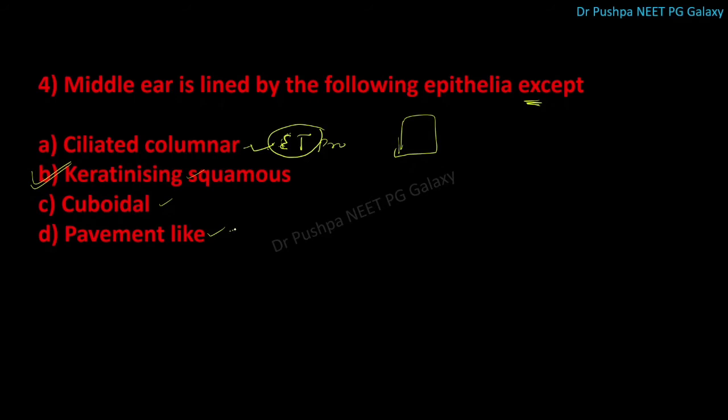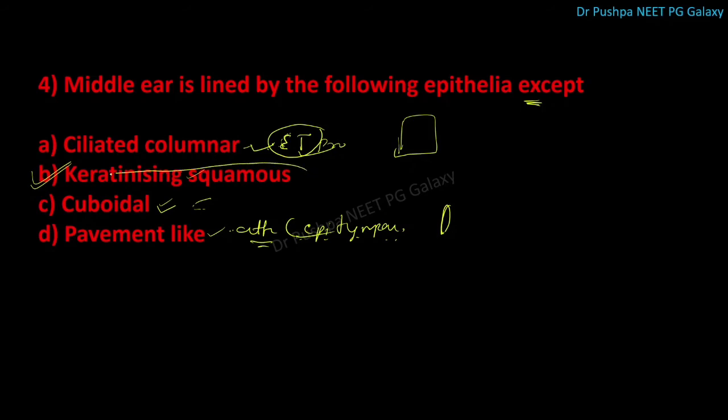Pavement-like epithelium is seen in the attic or epitympanum, the part of the middle ear above the level of the ear ossicles. Cuboidal epithelium is seen in other areas other than the eustachian tube and attic.